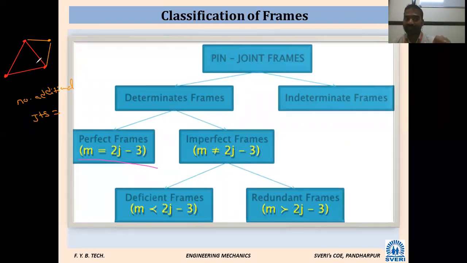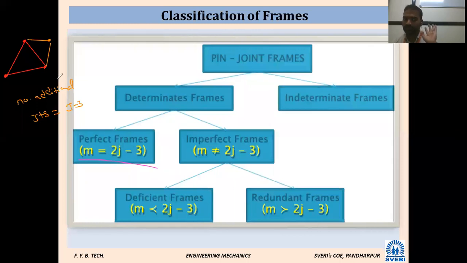So j minus 3. That's why I get the additional joints, that is equal to j minus 3. Is it understood? Whenever you want to find the additional joints, I have to deduct 3 from the total joints. The total is 4. 4 minus 3, 1 joint has come. 1 is the additional joints from the total joints.